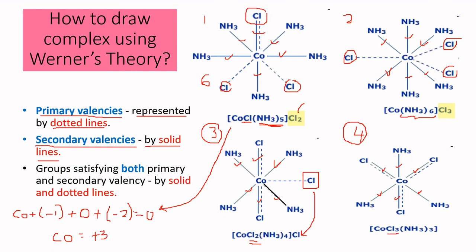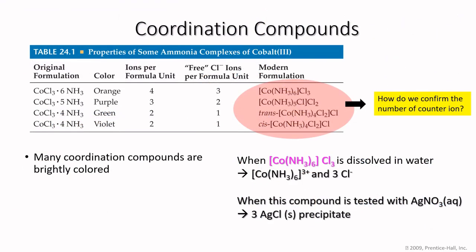So all of them are inside the square bracket, meaning there is no chlorine outside of the coordination sphere. Now you can see that cobalt chloride, for example, can have different types of isomers where the chlorine can be outside or inside, and how many chlorines are inside and outside can be varied. And how many chlorides are inside or outside will determine the color of the complex.